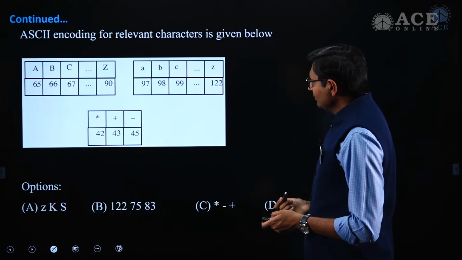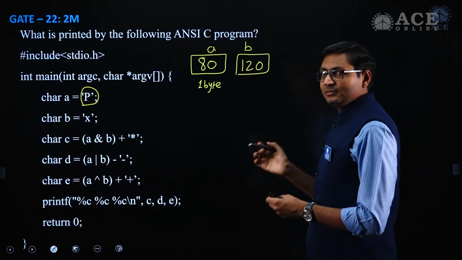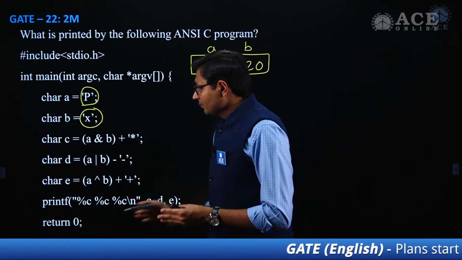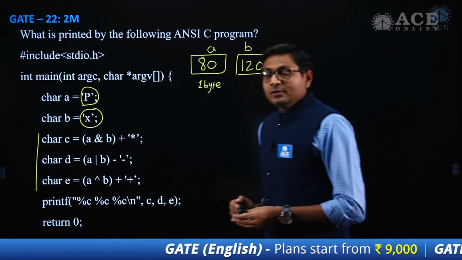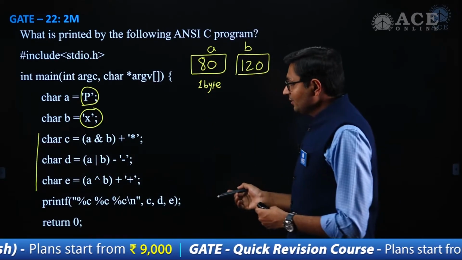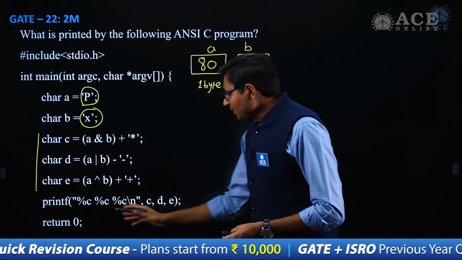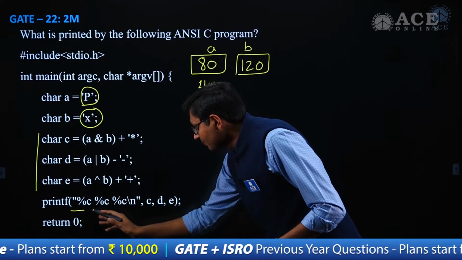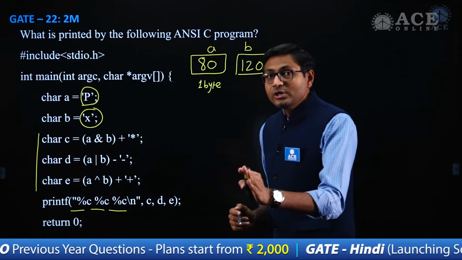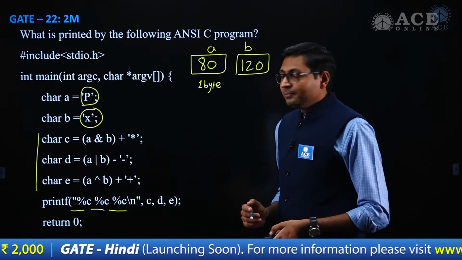So let me write here 120. 1 byte, 1 byte, 1 byte. Characters C, D and E, there are 3 characters whose values are calculated using these expressions. And there is a printf statement with %c, %c and %c. So of course characters are going to be printed. Alright, numbers are not going to be printed.